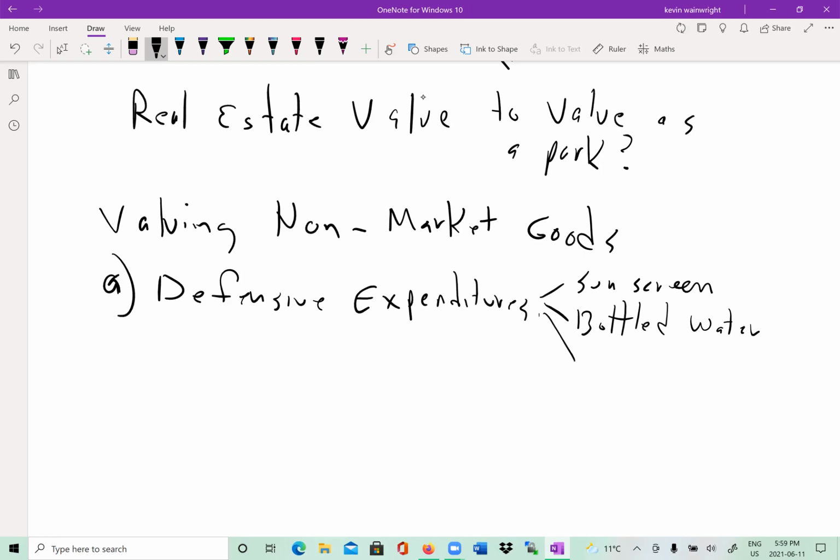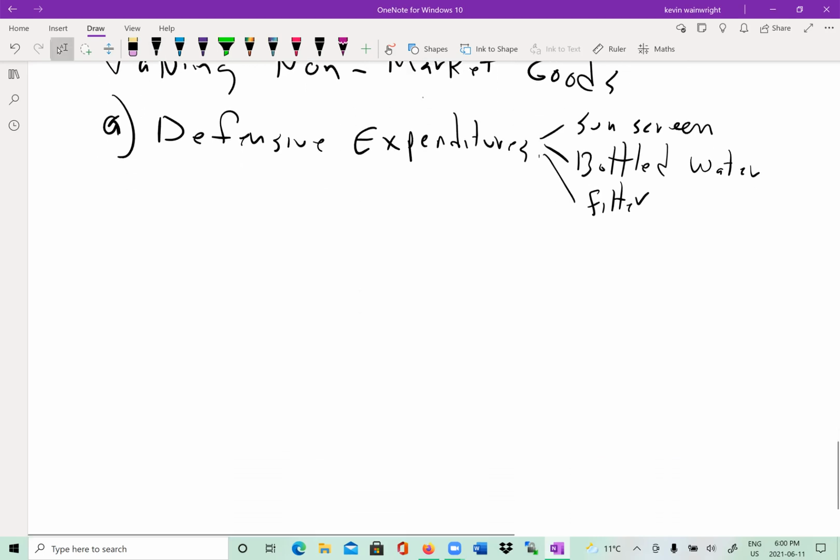Right? We put in some kind of filter. These are what are known as defensive expenditures. They're money invested to protect us from the negative effects of something in the environment. So one method is to use defensive expenditures to assess value: how much people are willing to pay to avoid something, okay?